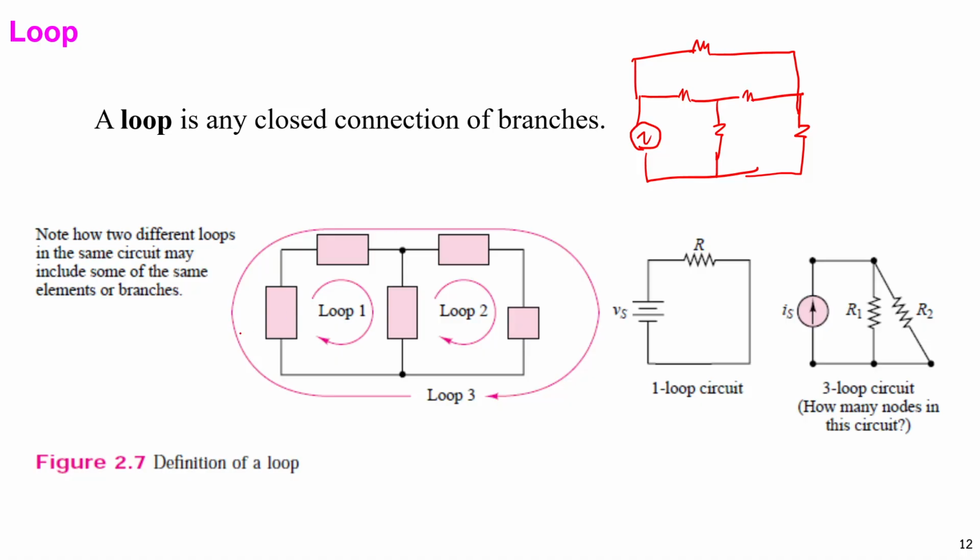Four loops. 1, 2, 3, 4, 5, 6, 7. So many loops. We can define many loops in the circuit, any closed path in the circuit.